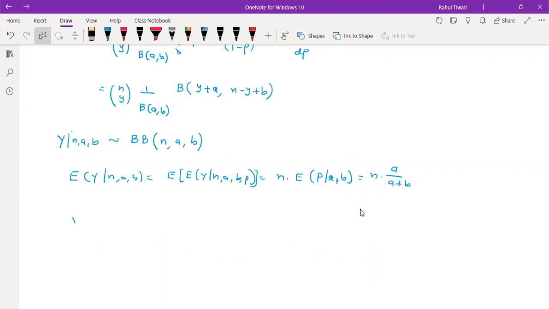So for the variance I'm just writing directly, variance of y given n, a, b, which you can get using the formula for expected value of variance. Here you have to use the conditional mean and conditional variance concepts, and using that one can get the mean and variance for beta binomial.